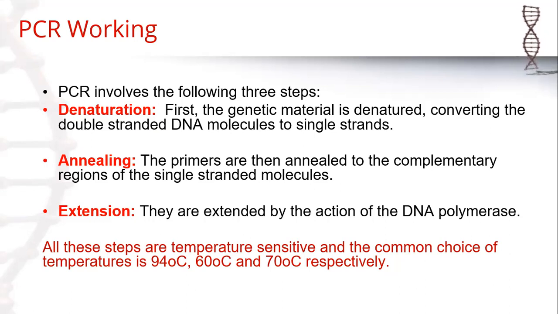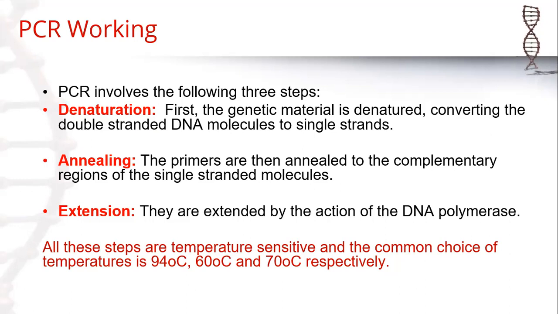The next step is annealing, where the primers are annealed to the complementary regions of the single stranded molecules. The final step of PCR is extension, where after annealing, the primers are extended by the action of DNA polymerase to finish the final quantity of amplified DNA.